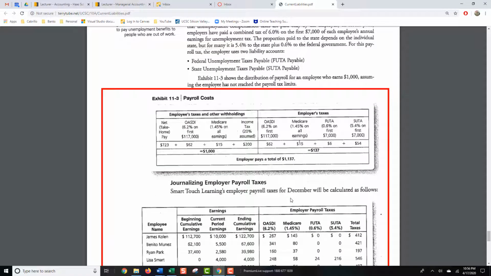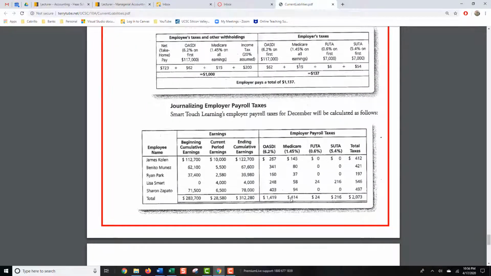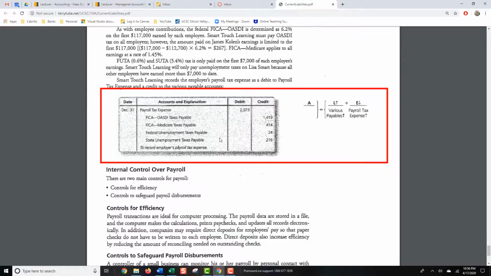Then the employer taxes. Sorry, I had to stop and think there for a second.